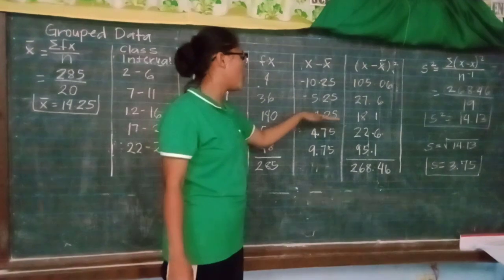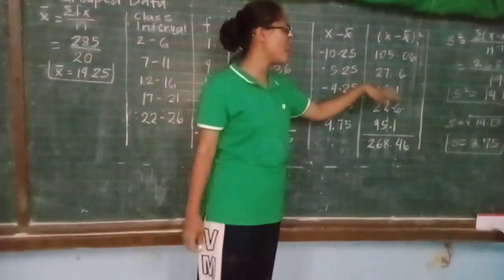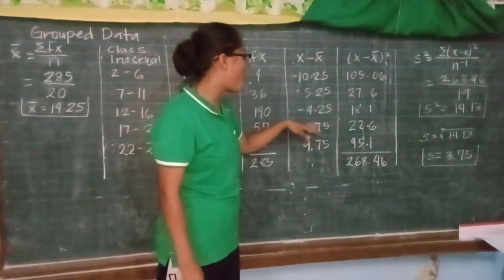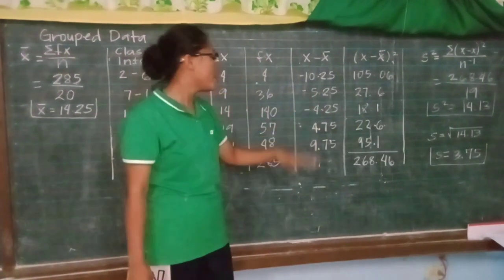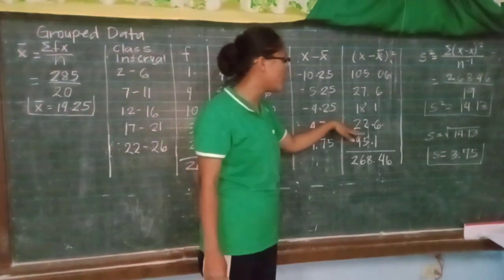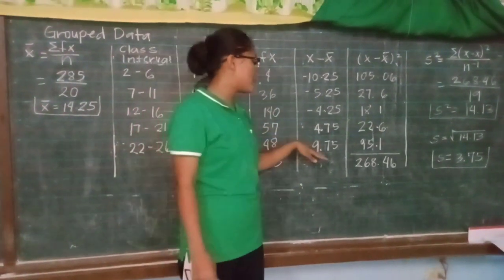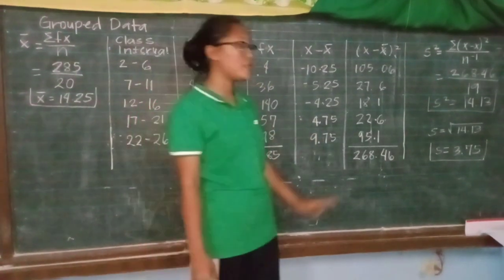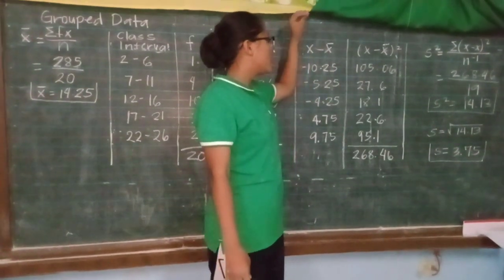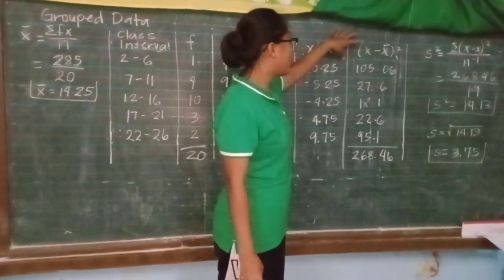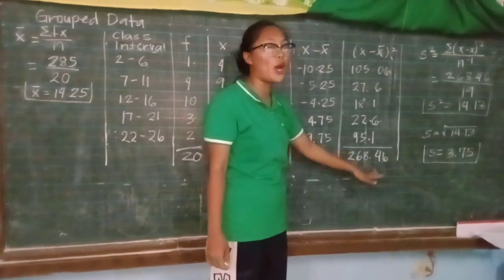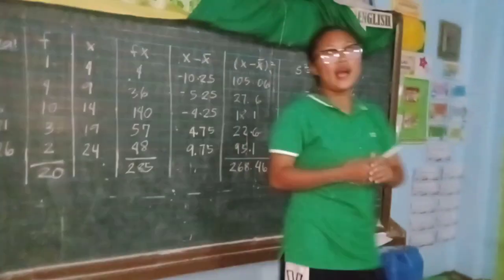Negative 4.25 times negative 4.25 is 18.1. 4.75 times 4.75 is 22.6. 9.75 times 9.75 is equal to 95.1, and the total number of our quantity of x minus mean raised to the power of 2 is 268.46.